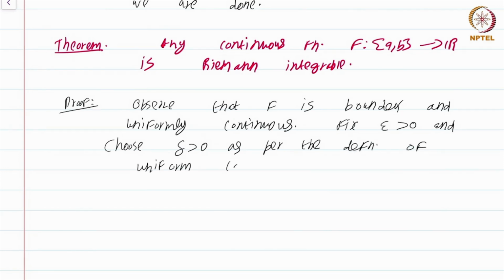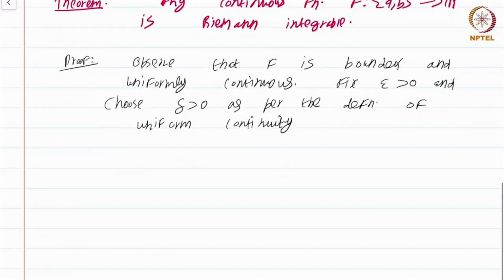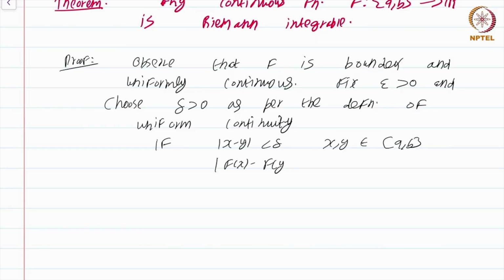Just to recall, if mod x minus y is less than delta, with x, y coming from the closed interval [a, b], then mod f of x minus f of y is less than epsilon.